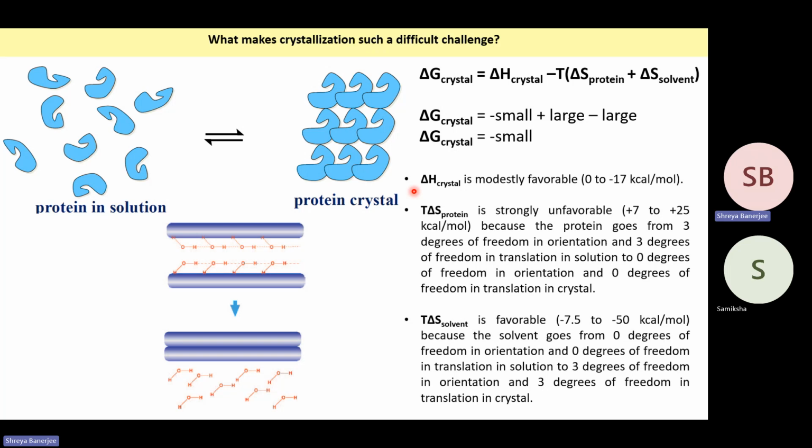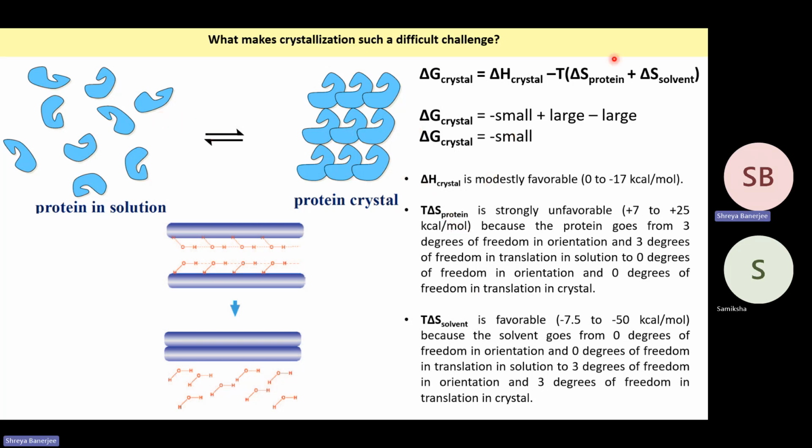We know delta H being negative is favorable, and it is said to be modest because it is not that high a number. Enthalpy for covalent bonds is much higher. So this enthalpy is small, so it is said to be modestly favorable, and this is pushing the equilibrium towards the right.